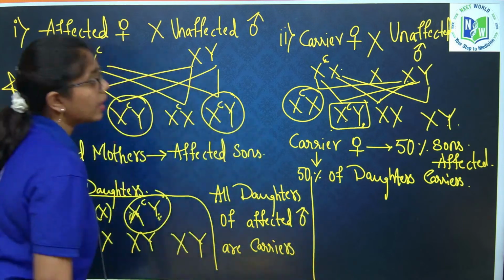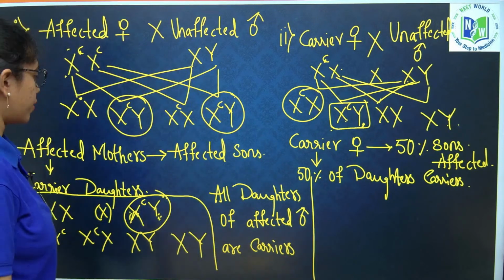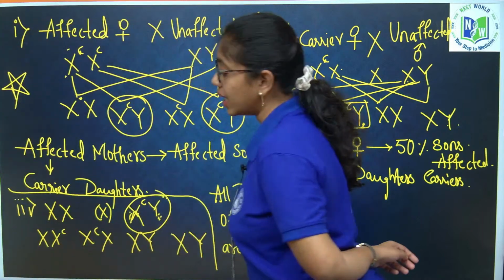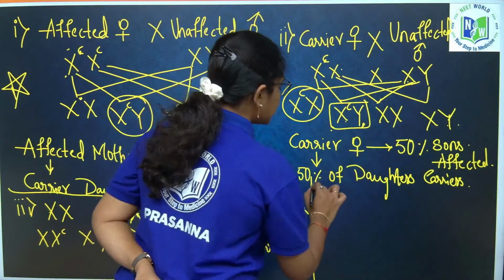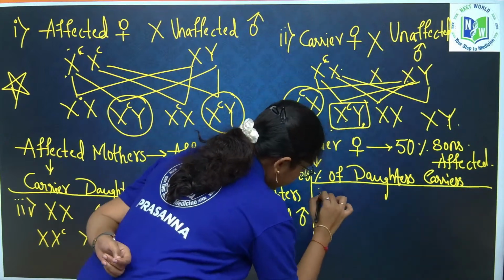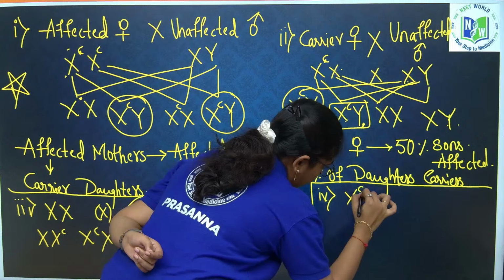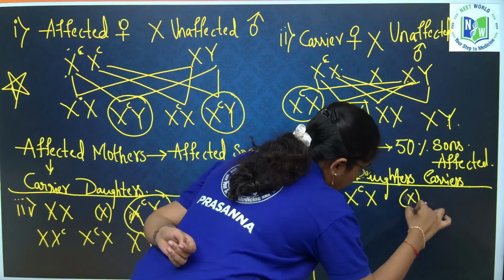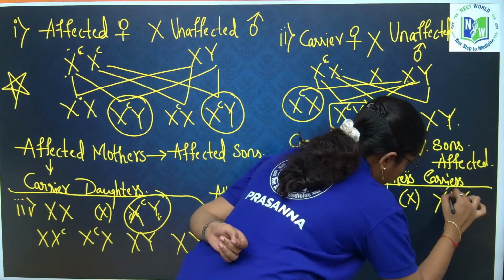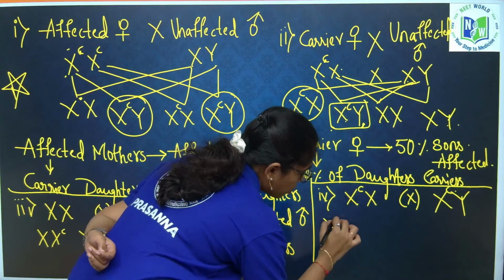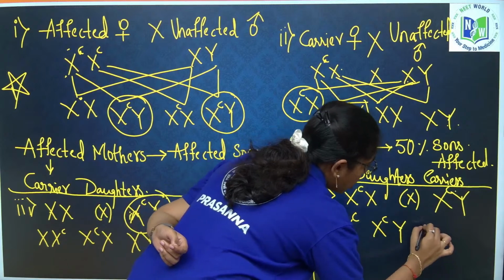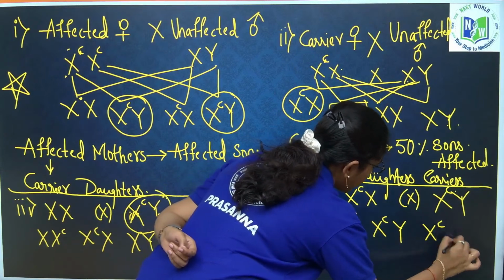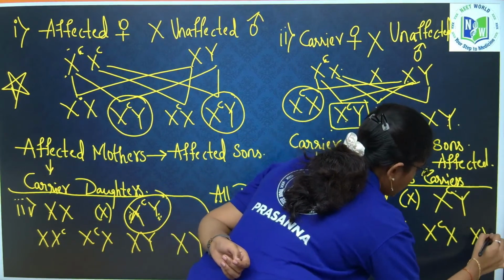And last set of cross is between carrier mother and affected father. What is the last set? Last set is between carrier mother and affected father. You also do parallelly with me. XCY, XY.